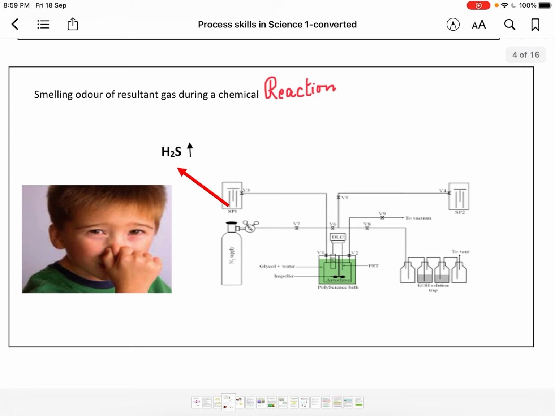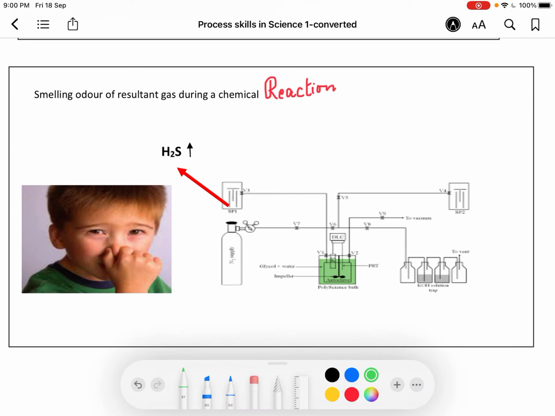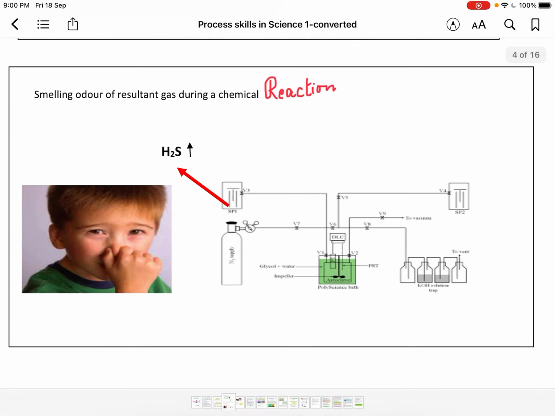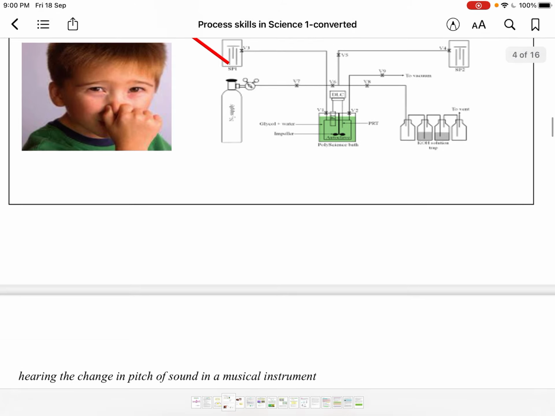We gain the information that its odor is very foul. This observation, this information, we gain by making use of our sense organ of smell.